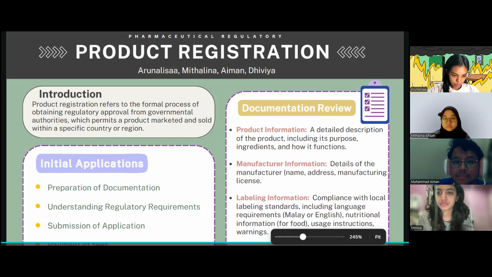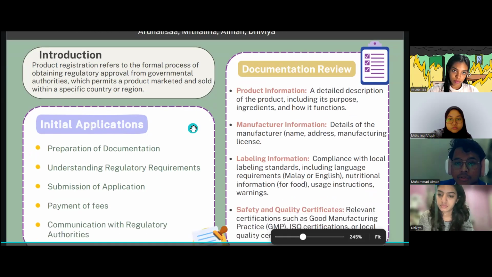This process is crucial for ensuring that products meet safety, efficacy, and quality standards established by regulatory bodies. The requirements for registration can vary significantly from one jurisdiction to another, necessitating a thorough understanding of local regulations and guidelines.